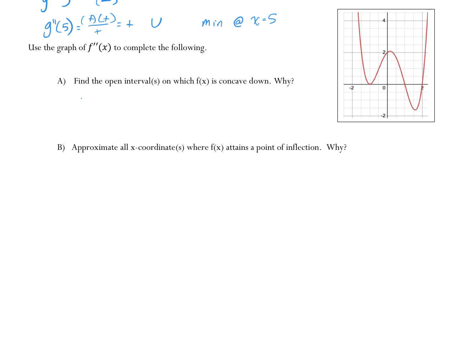Is that it? And if I ask you the y, because that's where the value of f double prime is less than 0. If you said it is negative, that's fine.